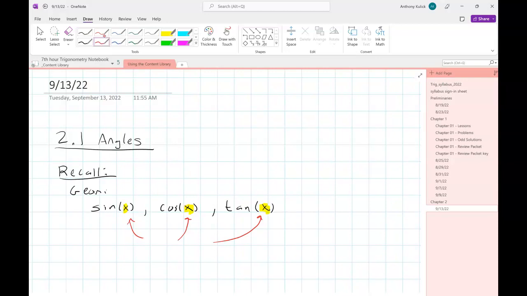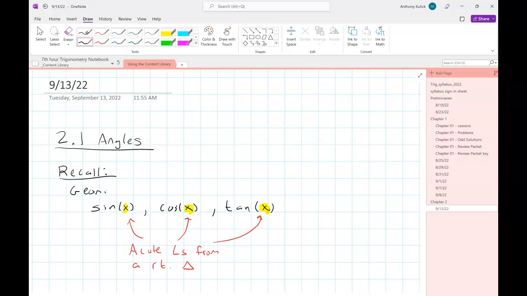No, you're doing good. What kind of triangle do we need to have? Right triangle. And can I pick any of the angles from the right triangle? No, I can't pick what angle? Can't use the right angle. Yeah, so we have to have these x's, acute angles from a right triangle. Okay.